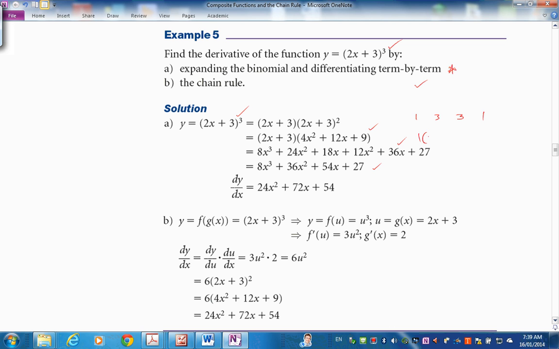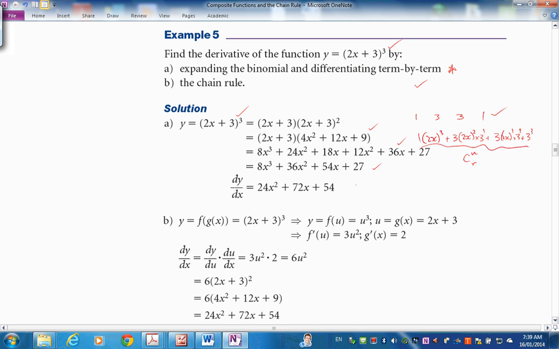So it's one lot of 2x cubed and no 3 in there. Then it's 3 lots of 2x squared by 3 to the 1. Then it's 3 lots of 2x to the 1 by 3 squared, and then one lot of 3 cubed. Okay, you should be able to do that either from Pascal's triangle or nCr combination coefficients, binomial coefficients there.